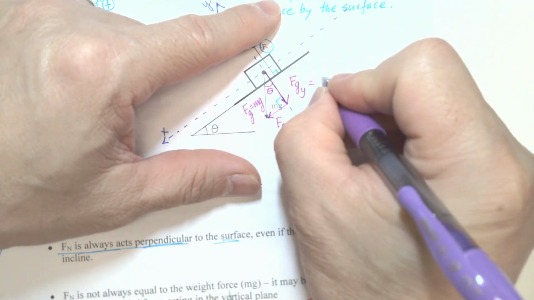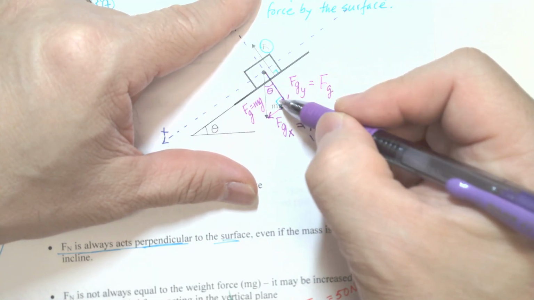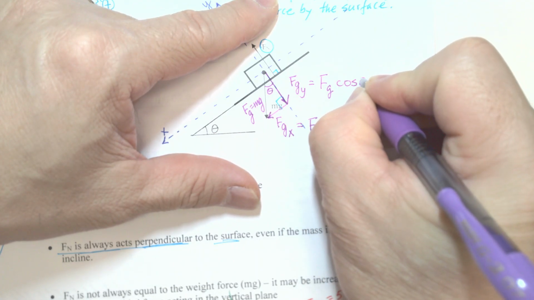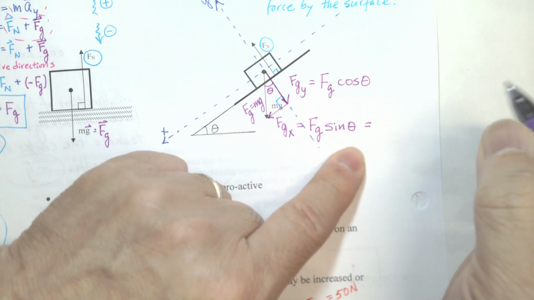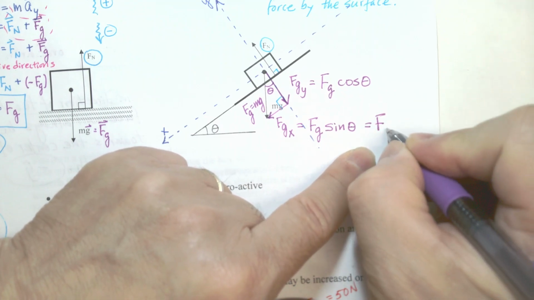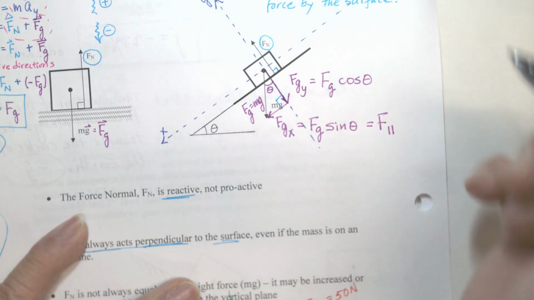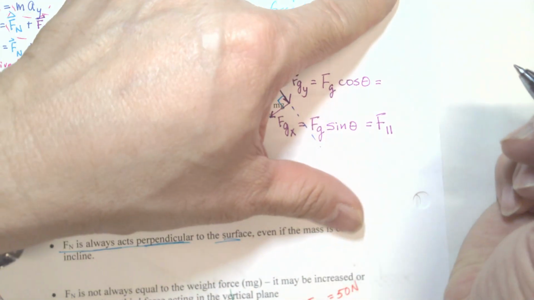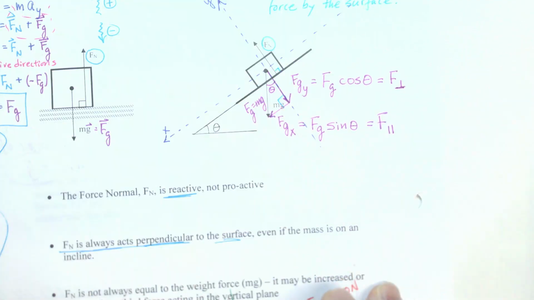For this one, FG times, this is the adjacent component to my angle theta. Therefore, it is cosine. This FG sine theta can also be described as F parallel, and FG cosine theta, or FGY, is sometimes described as F perpendicular.